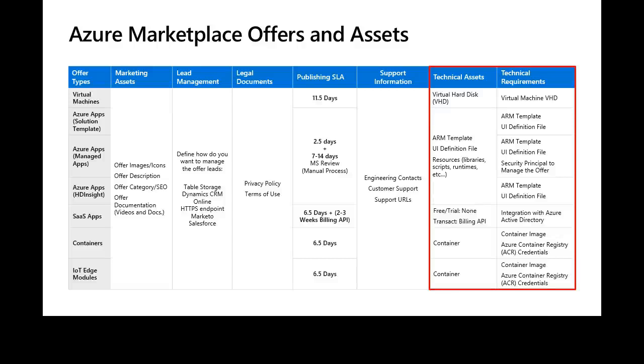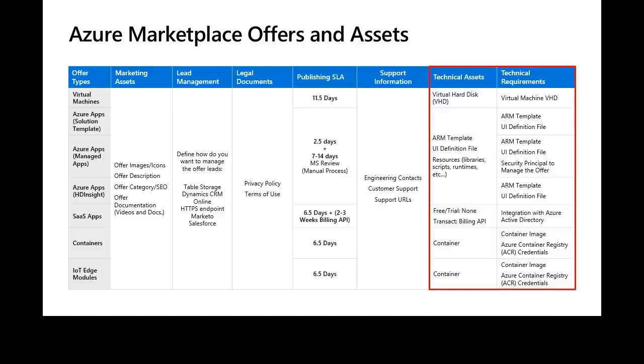It's the scripting language that defines infrastructure inside Azure, and this is the way that we can script out the technical assets, the services, and the infrastructure that you're going to need to deploy as part of your solution. Okay, so that's the ARM template part, and you're also going to have the UI definition file. This is what I was talking about: the granular UI experience that you want to provide to your partners to configure the solution the way it needs to be configured.